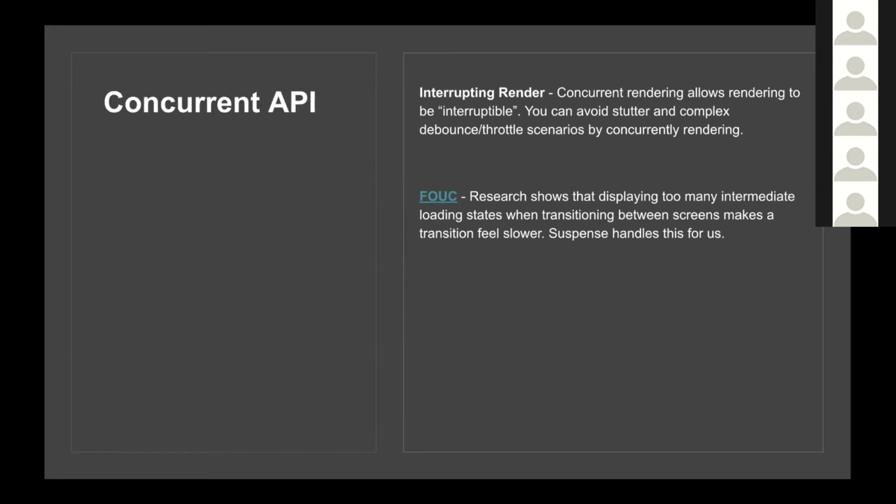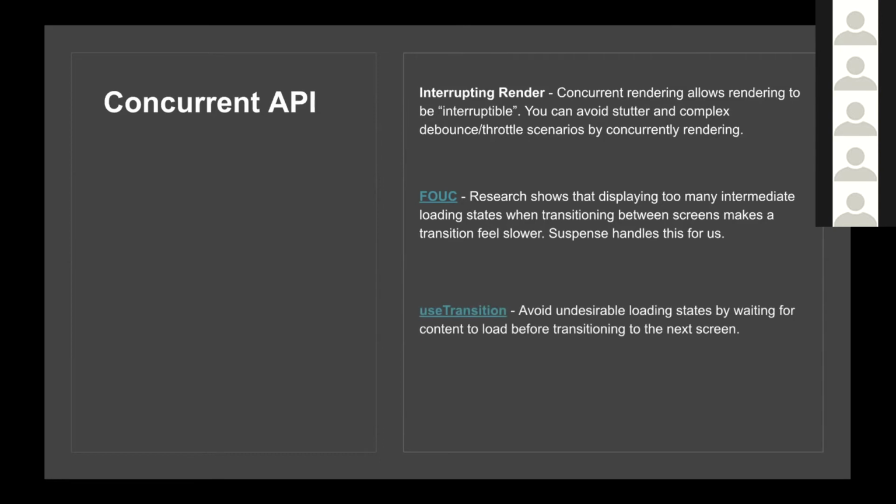Research has shown that displaying too many intermediate loading states actually makes the loading time seem longer to the user, even if it's the same amount of time. So only showing loading states when you intend can make a big difference in the user experience. Even if the amount of time you've waited is the same, it feels shorter. And Suspense handles a lot of this out of the box, which is a pretty cool feature to have.